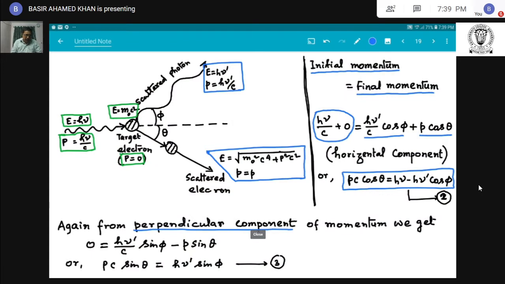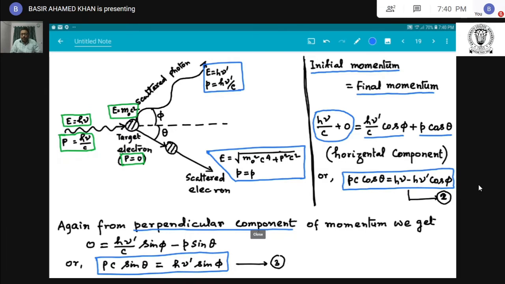Therefore, we get pc sin theta equals h nu prime sin phi. This is equation 3.